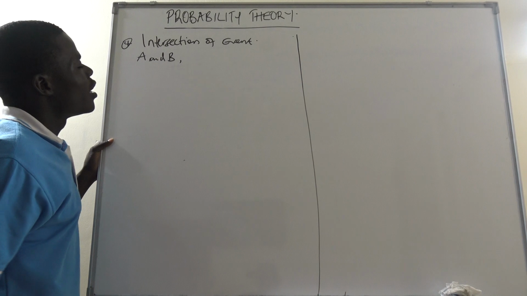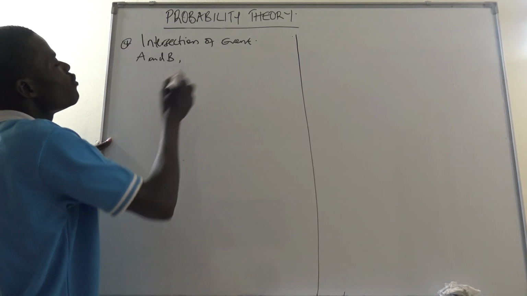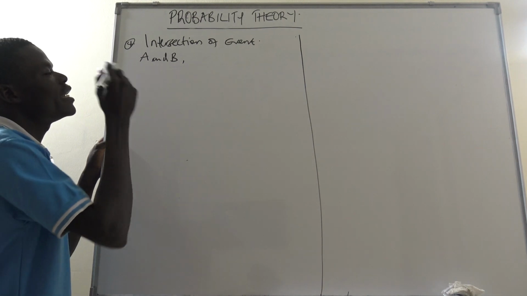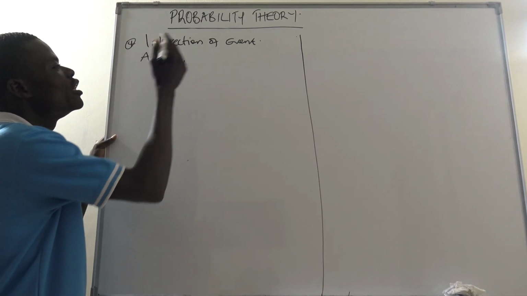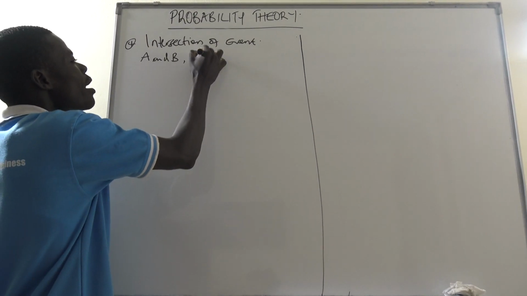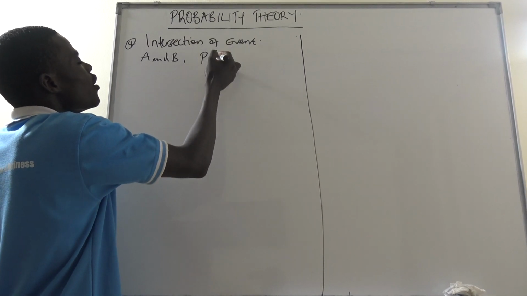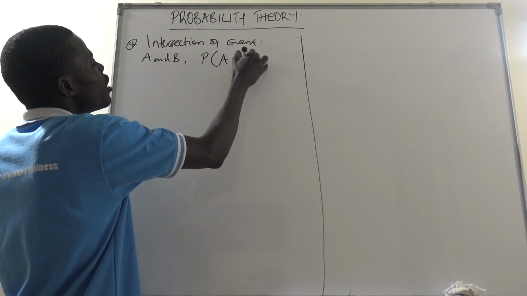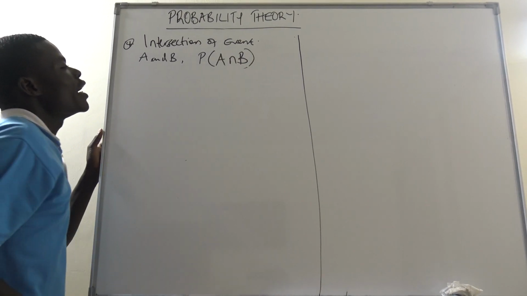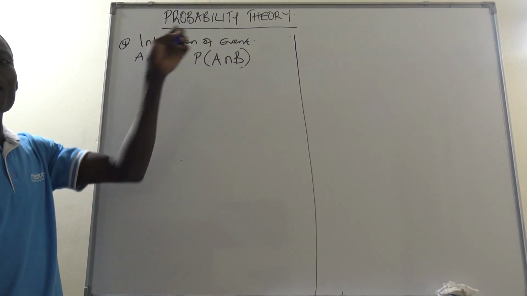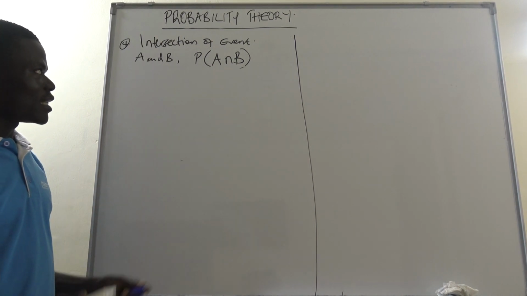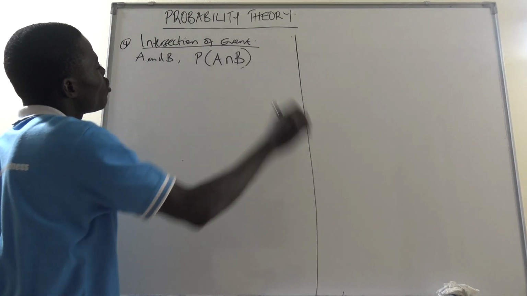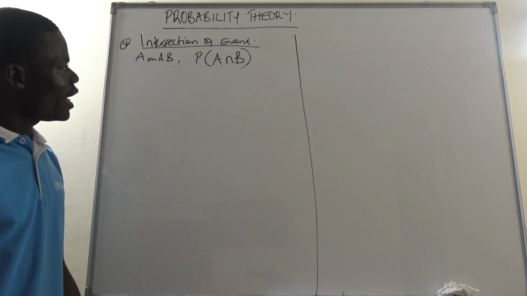B, the probability of these events occurring together is what we call the intersection of these two events, and that probability is noted as probability of A intersection B. This means the probability of A and B occurring together.